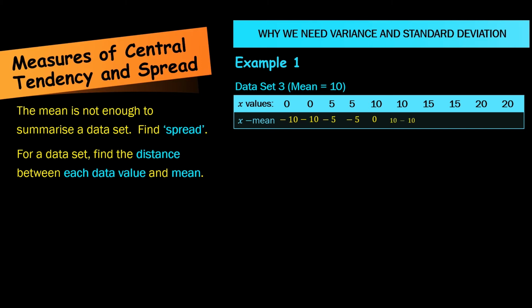And similarly here again. And then 15 minus 10 to give 5. And again 15 minus 10 here. And then 20 minus the mean, which is 10. And finally 20 minus the mean again, which is 10.